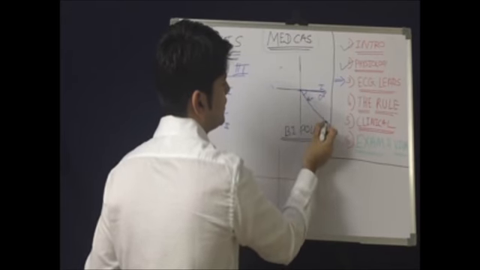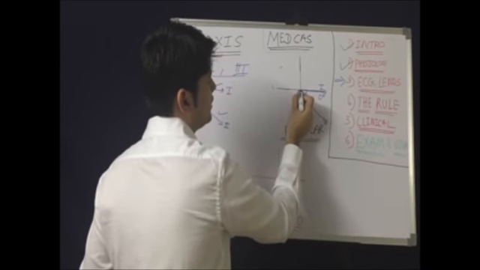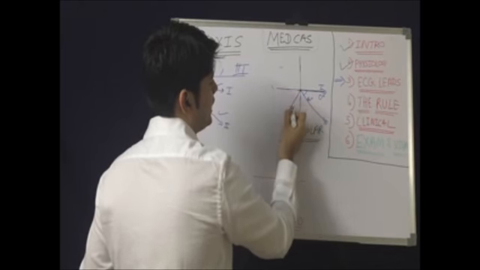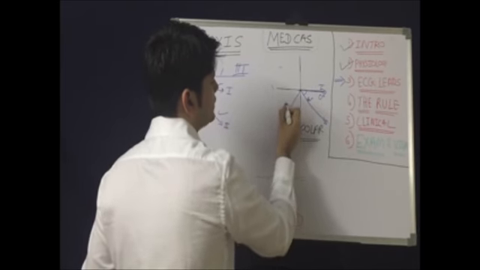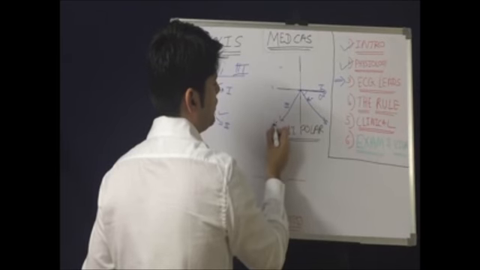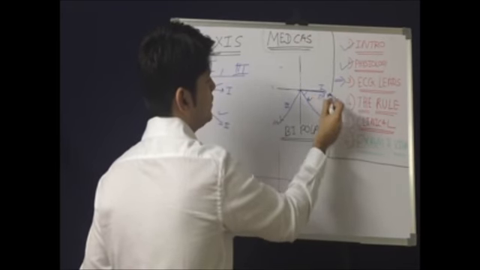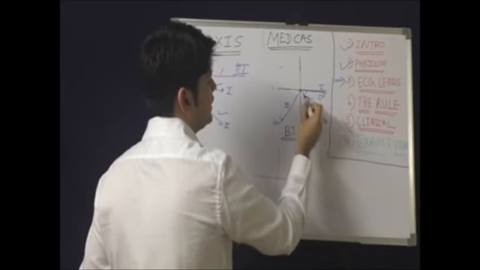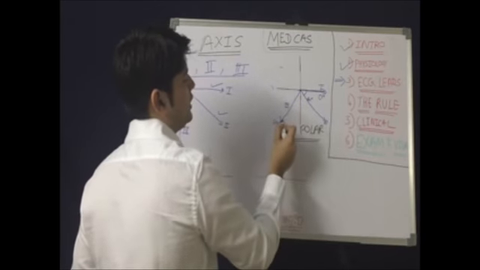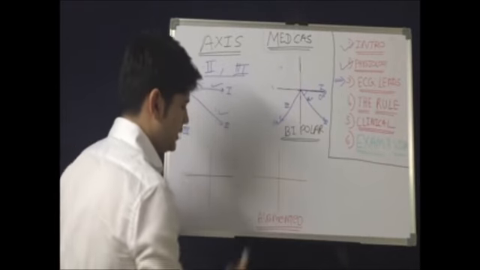Lead 3, from the left upper limb to the left lower limb like this, is at an angle of 120 degrees. So we can see lead 1 at 0 degrees, lead 2 at 60 degrees, and lead 3 at 120 degrees. This is your bipolar leads.